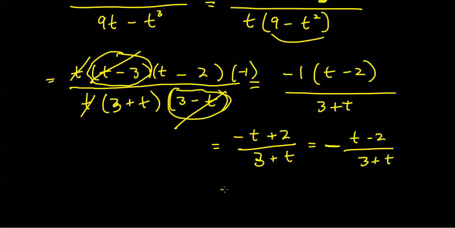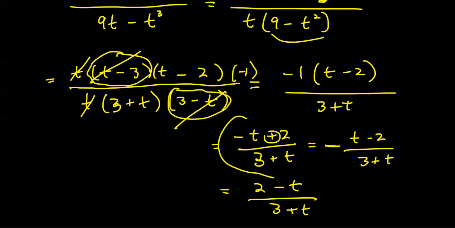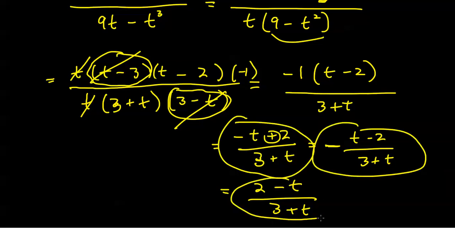And I could even say this is 2 minus t over 3 plus t. Again, addition is commutative, so as long as you tag that negative sign on the t in the numerator, I can rearrange that order of addition. And again, any of these three answers are equivalent and would be acceptable.